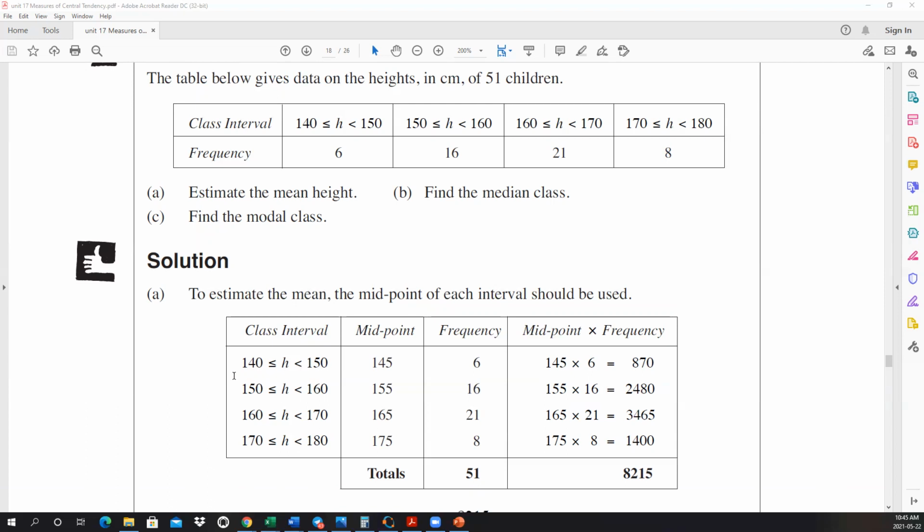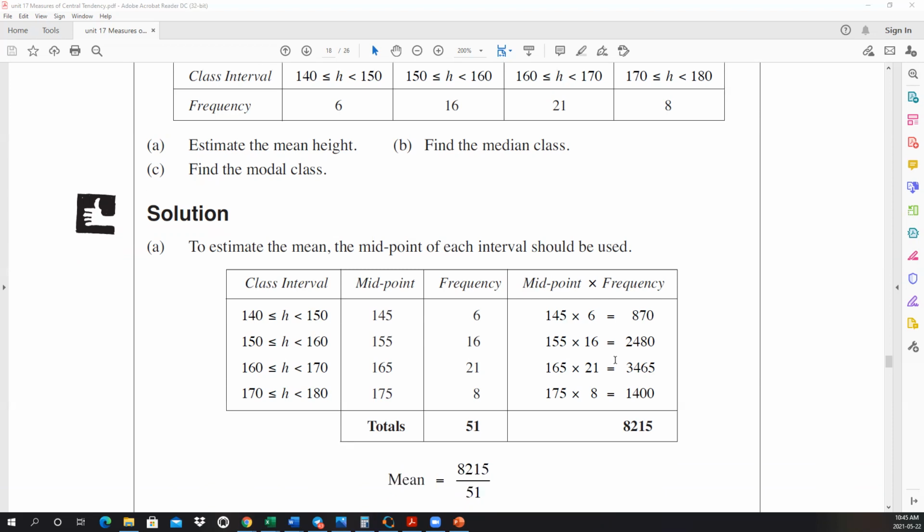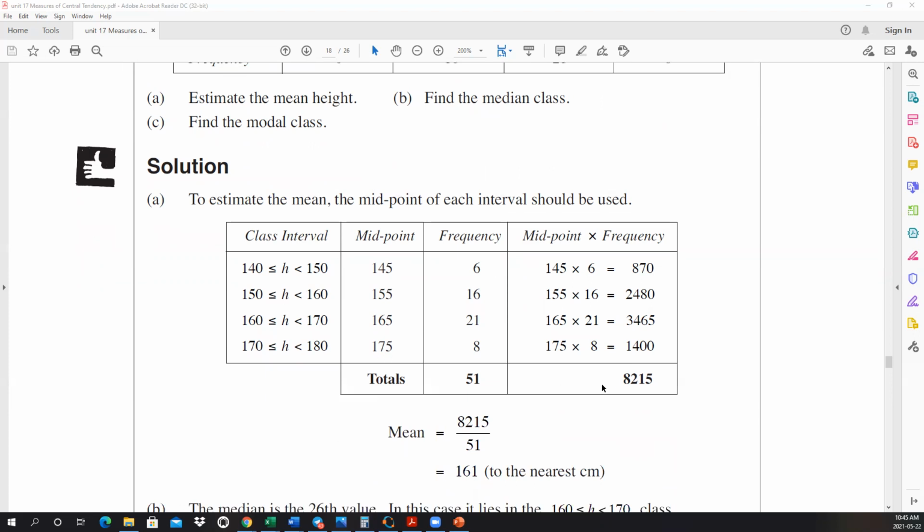All right, so midpoint for that is 145, and you go again from 150 now. This time I start at 150, you go just before 160. All right, so take the midpoint and the frequency, those were given, and then you multiply the midpoint and the frequency. You continue, multiply midpoint and frequency, midpoint and frequency, and you add it up, you get this number.